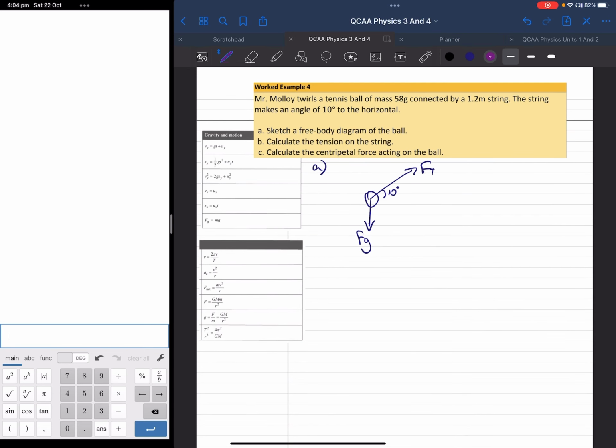So part B asks us to find first the tension on the string. So just by basic trigonometry, we know that the y, the vertical component of our tension, must cancel out the force of gravity.